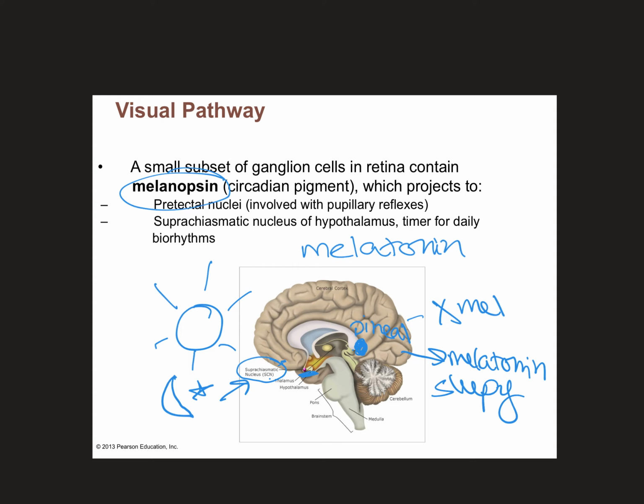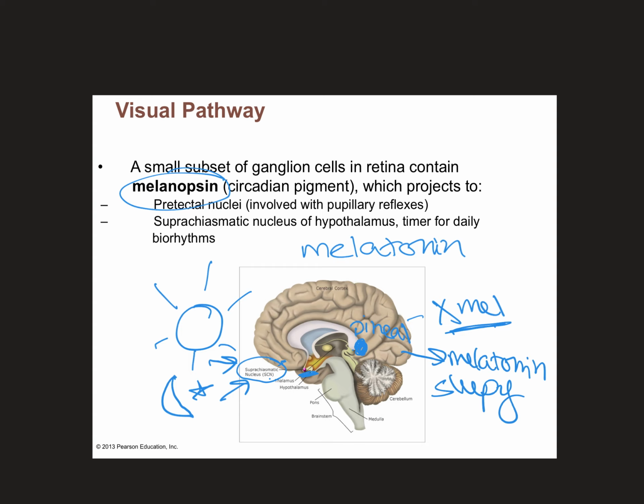So take into account that it's this part's job to sense light. That's why you're not supposed to look at screens like your phone or the TV, or even turn the bathroom light on when you go to pee in the middle of the night. Any kind of bright light signals to this very basic physiologic part of the brain, whose job is to sense light and then halt the production of melatonin.